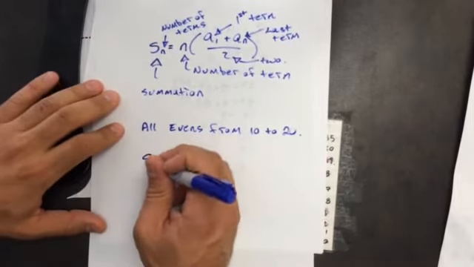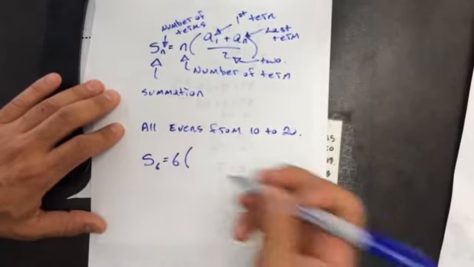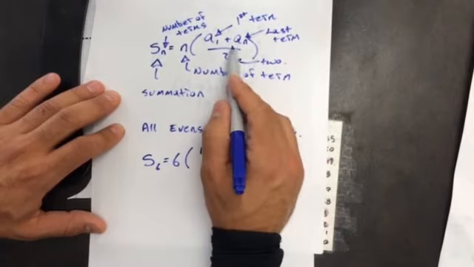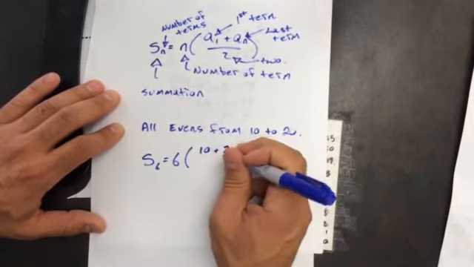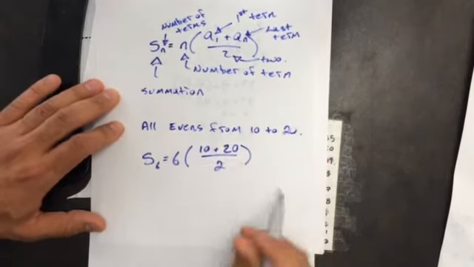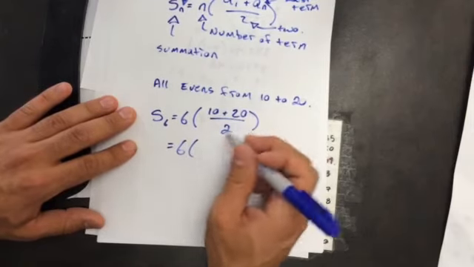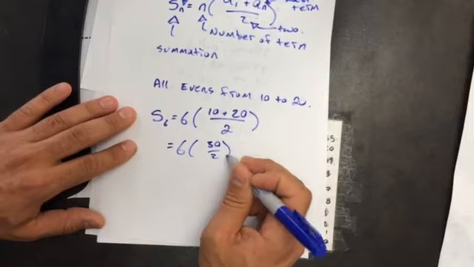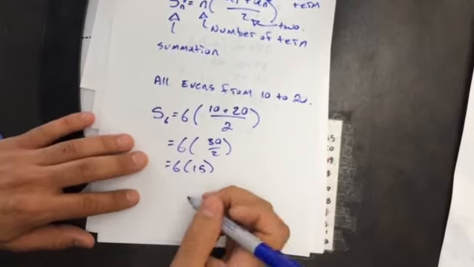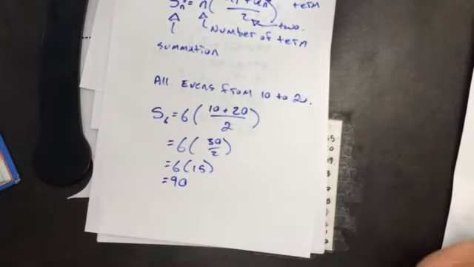So I'm going to say the summation of those 6 terms equals 6 terms times a sub 1, the first term, which is 10, plus a sub n, the last term, which is 20, divided by 2. 6 times 10 plus 20 is 30. 30 divided by 2 is 15. 15 times 6 is 90. So the summation of those terms is 90.